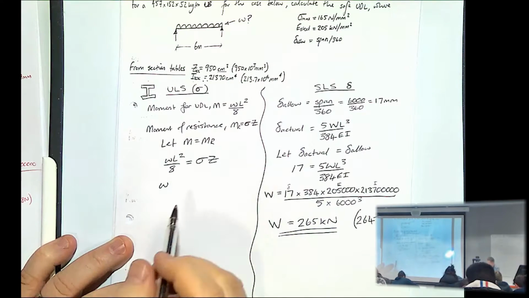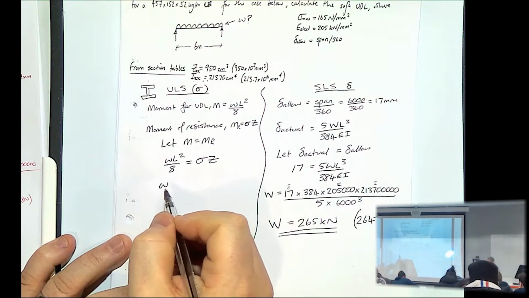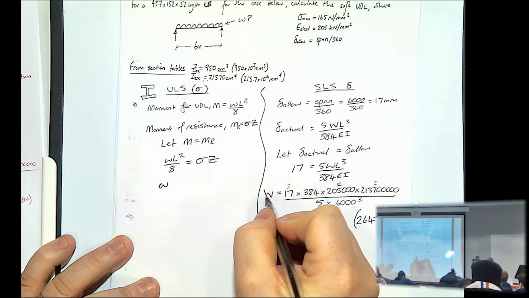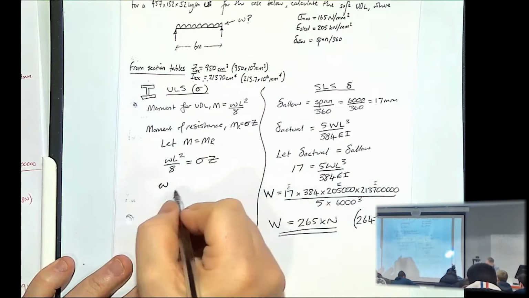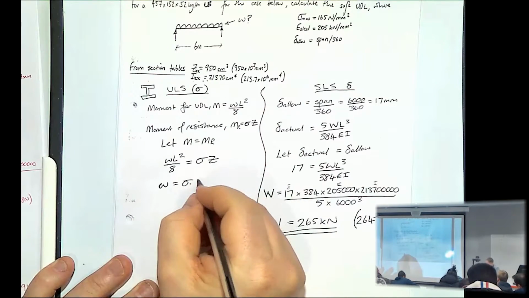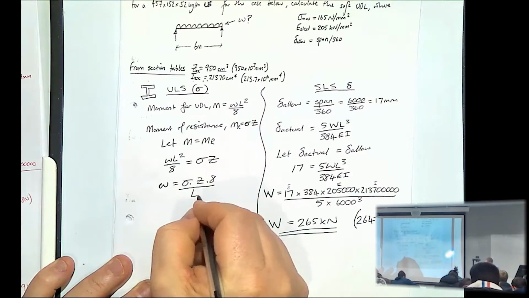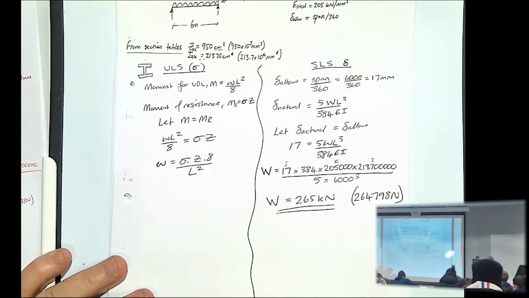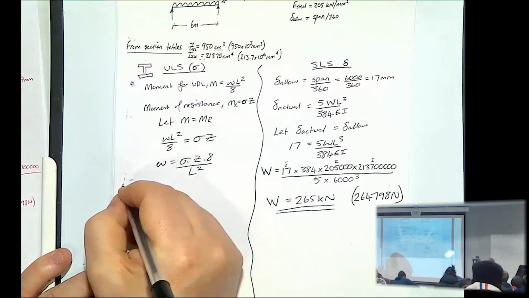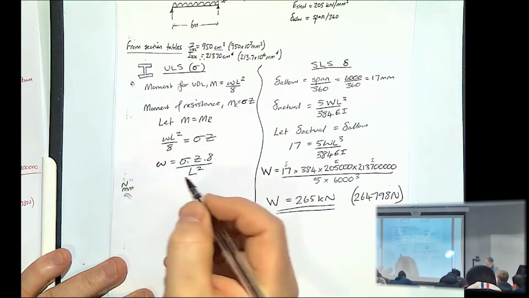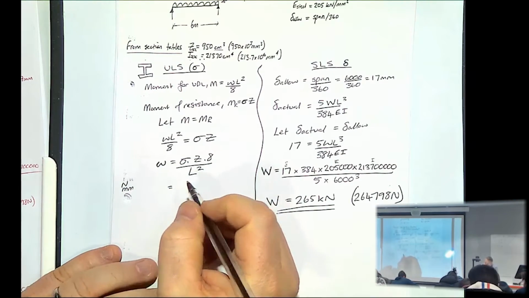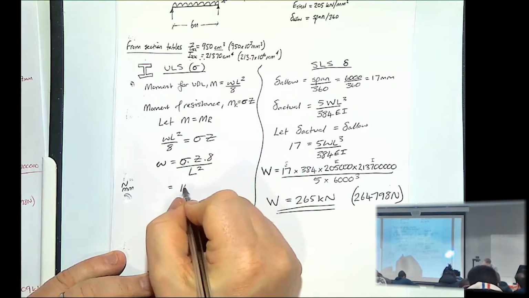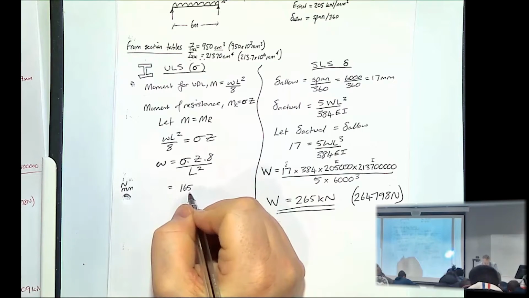Remember that it's a small w this time, so I tend to make mine nice and curly so it's easy to spot between that and the capital W. It's stress times Z times 8 over L squared. If I put everything into newtons and millimetres, from the question the stress of the steel is 165 newtons per millimetre squared.